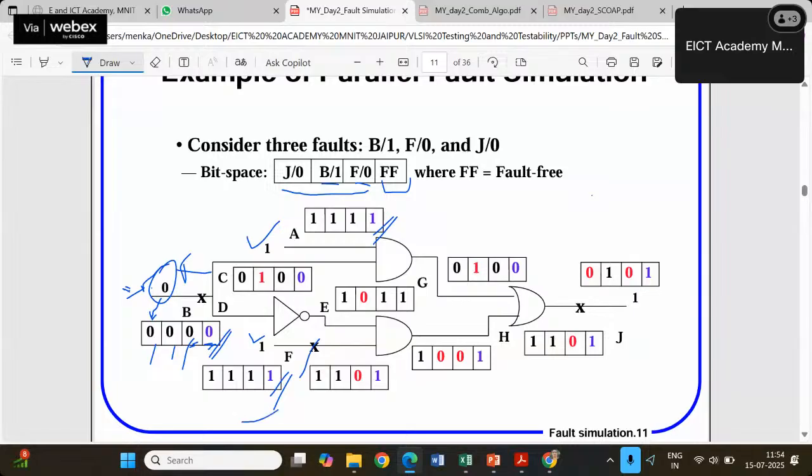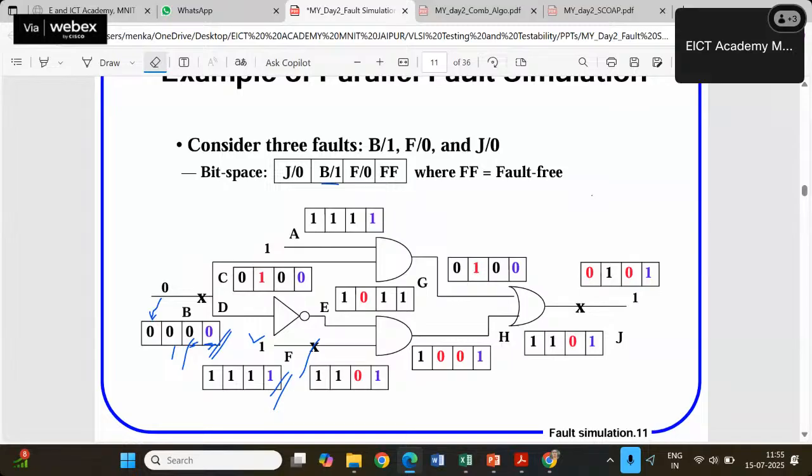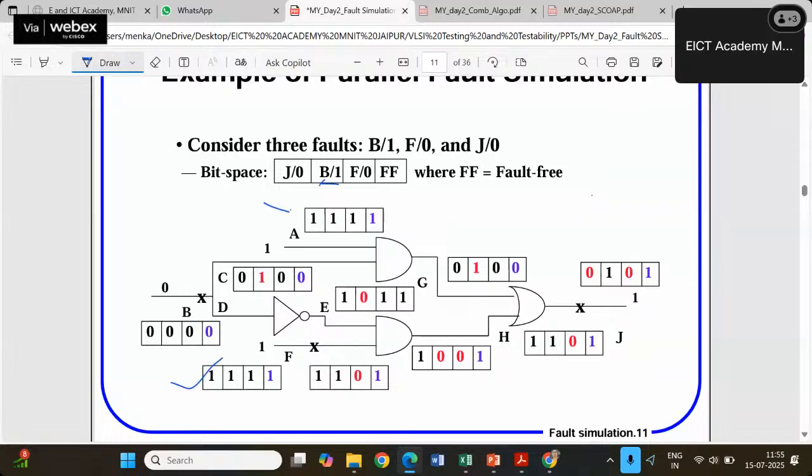No, these faults do not trouble the input available over here. So there is no impact of B, F, or J faults at the input B. So all of the values will be according to the fault free value. You got my point? Likewise, at the inputs A and F also, there is no impact of B, F or J stuck-at faults. So the values are as per their fault free value.